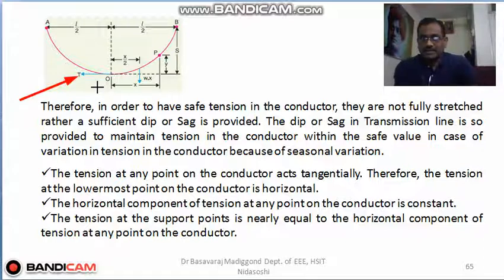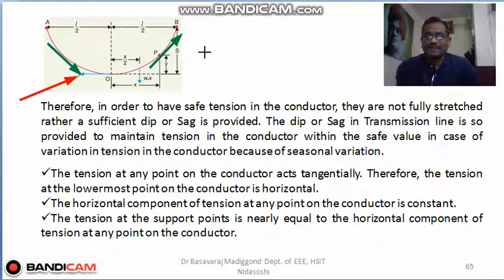Or the tension at any point on the conductor acts tangentially, like if at all I take this point, then it will act tangentially like this. If I take this point, then it will act tangentially.